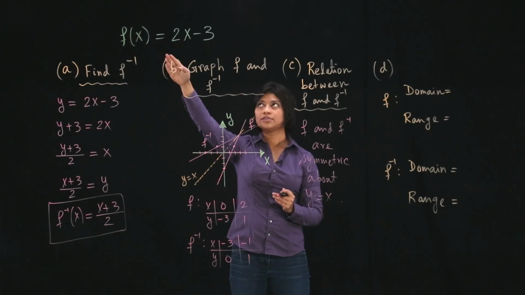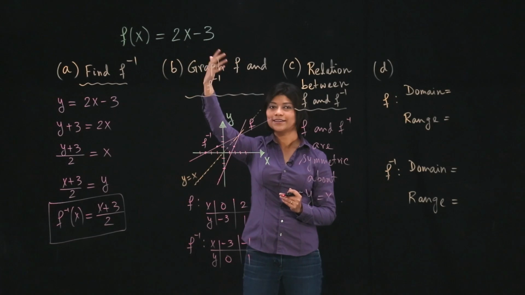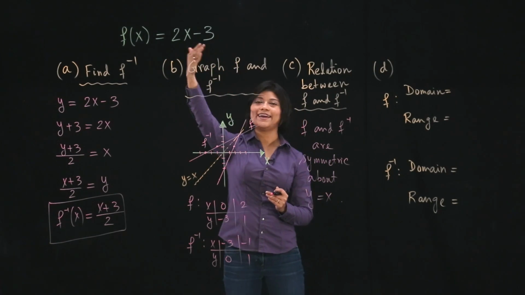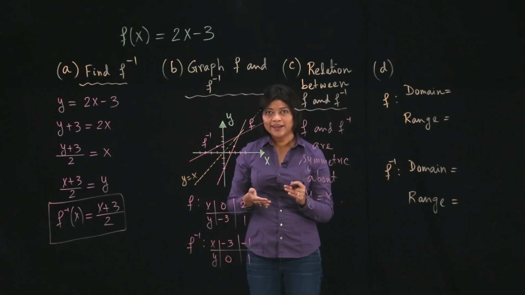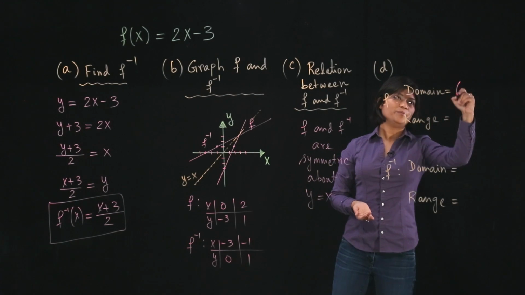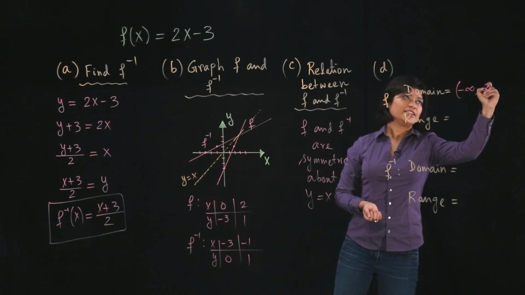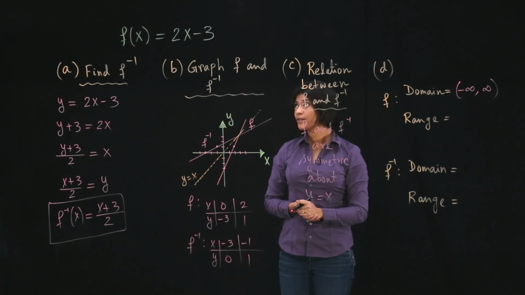There is no denominator, there is no radical. It's just a polynomial, just a line. So you can plug in any x values and you will always get an output. So the domain is the entire real line. So for f, the domain is everything between negative infinity and positive infinity.